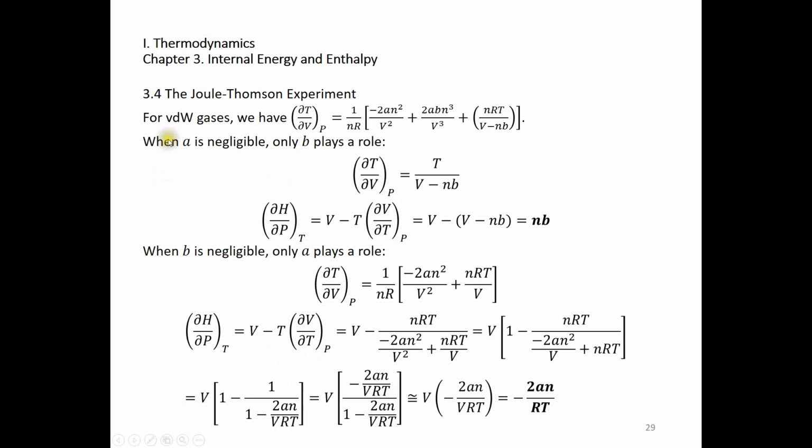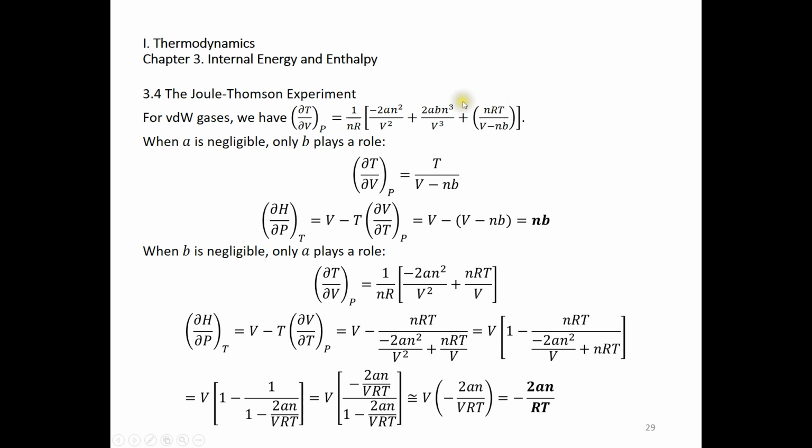Now for a Van der Waals gas, we have this expression for delta T over delta V, and eventually we'll have to take the reciprocal, so it's complicated. We need to make approximations. What I will do is simplify this under two conditions. The first condition: I'm going to assume a is negligible, or simply a is 0, and then we evaluate this term.